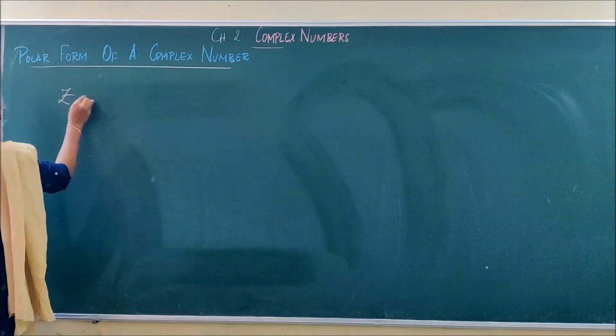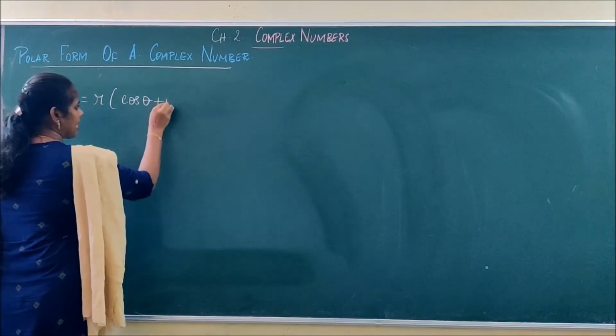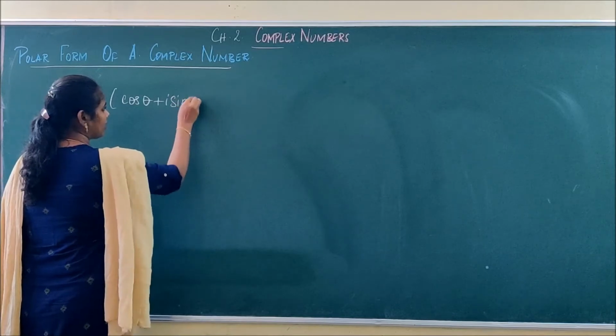So z is equal to r of cos theta plus i sin theta is nothing but the polar form.